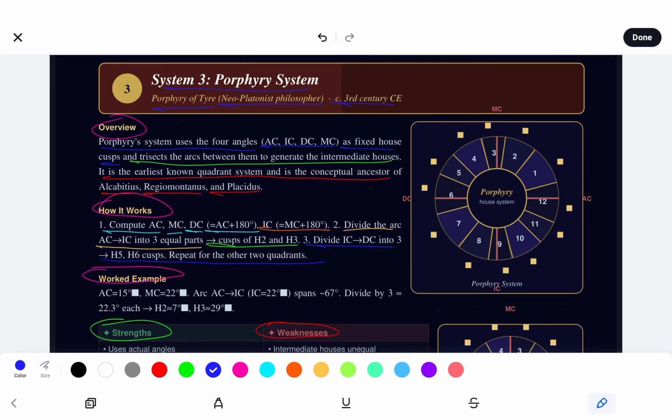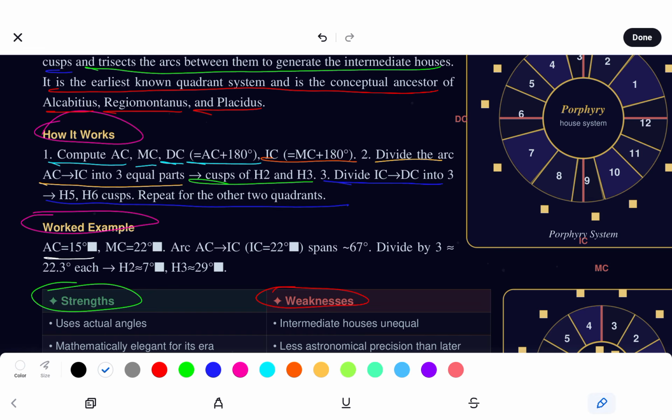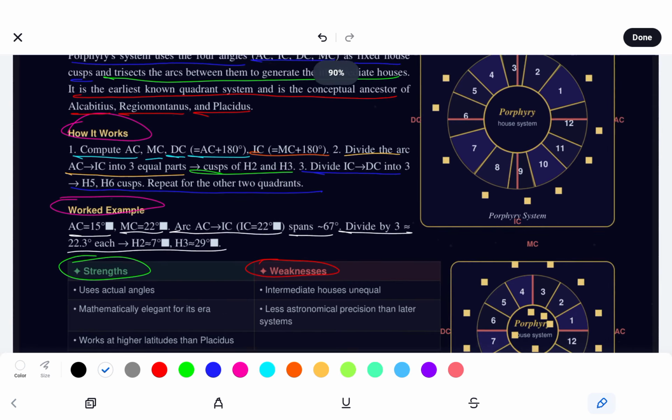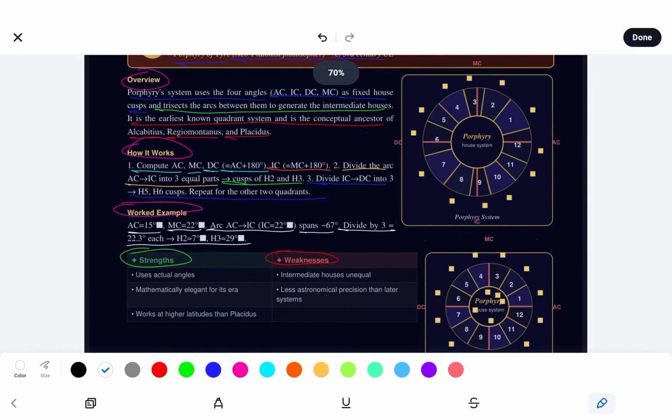Repeat for the other 2 quadrants. And so the worked example here is AC equals 15 degrees, MC equals 22 degrees, arc AC to IC, the IC equals 22 degrees, span 67 degrees, divide by 3 equals 22.3 degrees each. 2nd house equals 7 degrees, 3rd house equals 29 degrees.